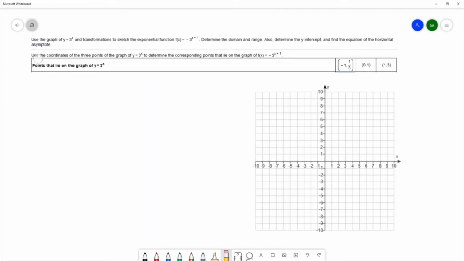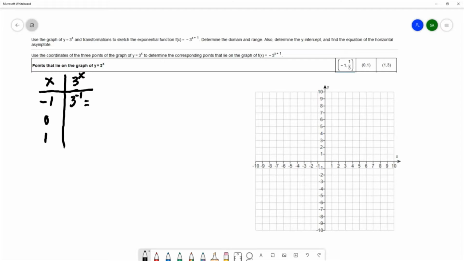We're going to start off with coordinates of 3 points on the graph of y equals 3 to the x. These are the 3 coordinates that are on the graph of 3 to the x. We can verify that. For the x values of negative 1, 0, and 1, if we substitute those into 3 to the x, we get 3 to the negative 1.